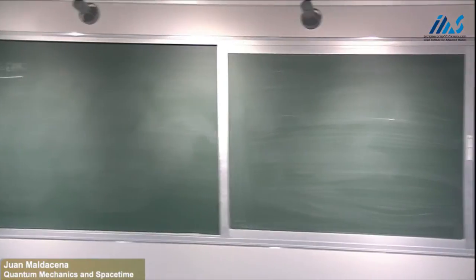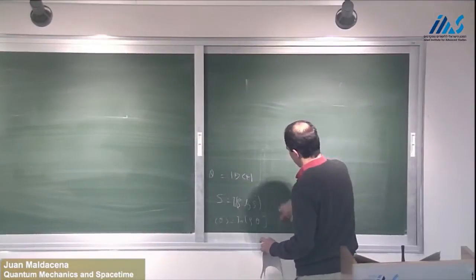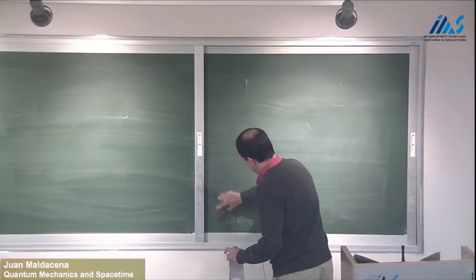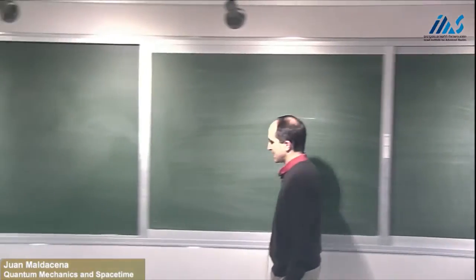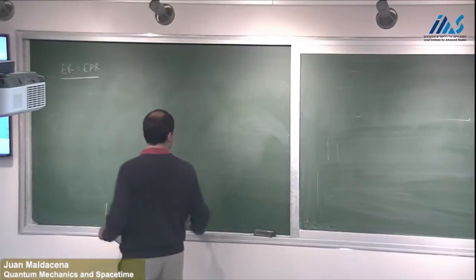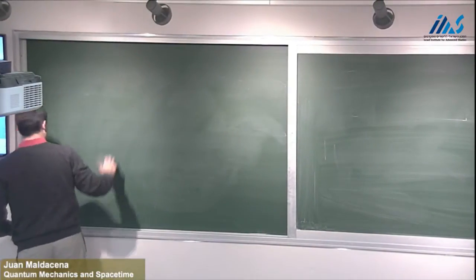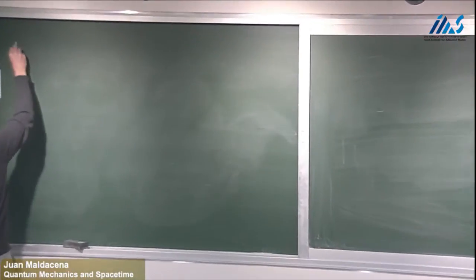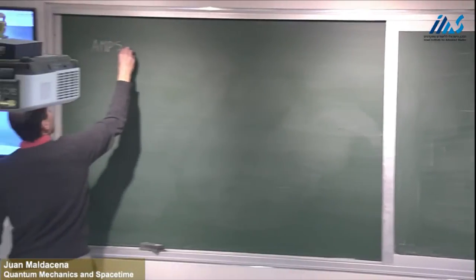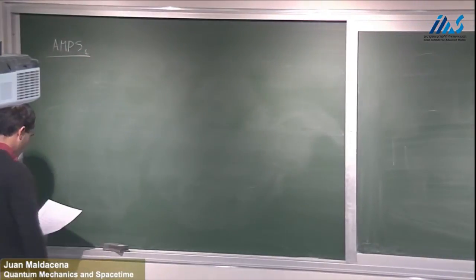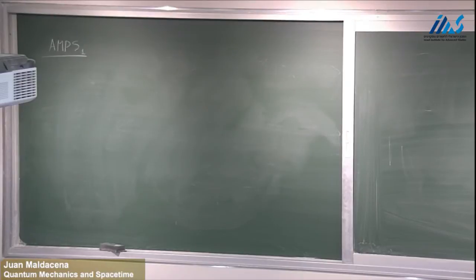But now I'd like to give an analysis of the AMPS paradox, so the AMPS 1 paper, their first paper, in the context of this thermofield double and so on, and we will see that there are some new features.